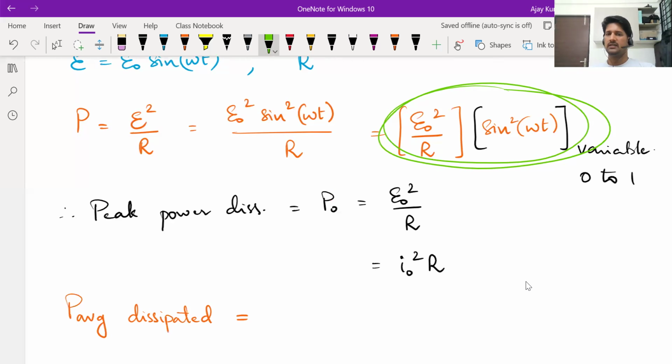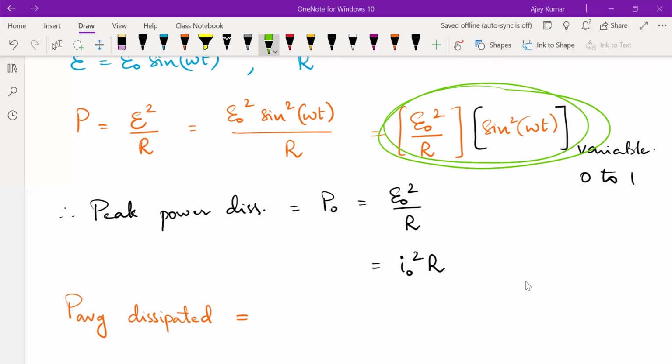Think carefully and tell me what is the average of that function. What is the average value of the sine square function?